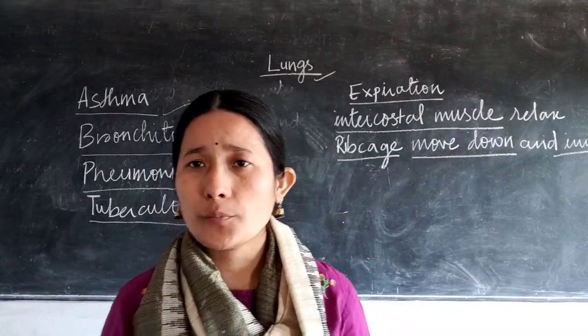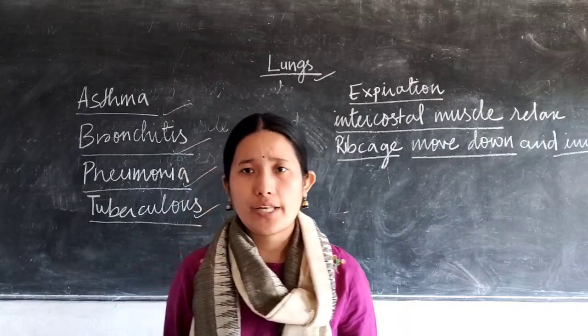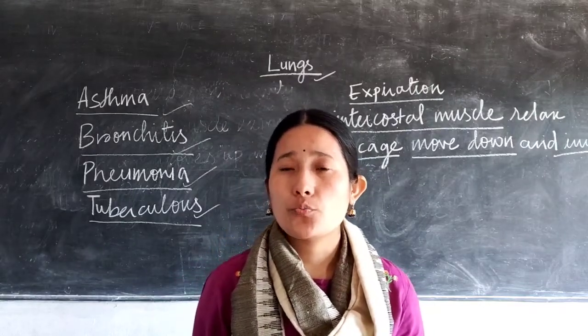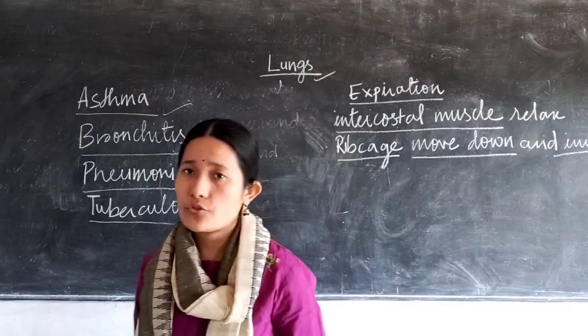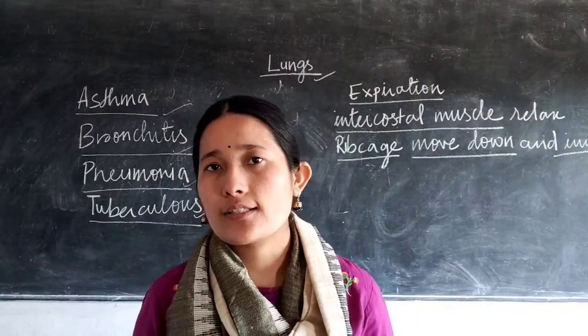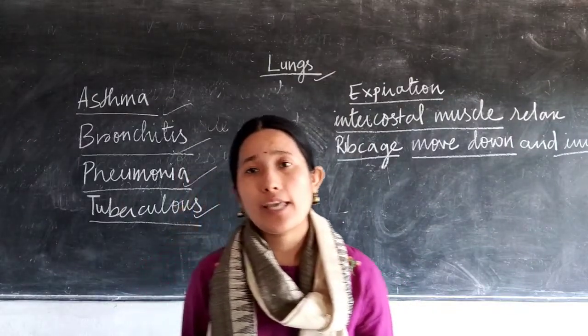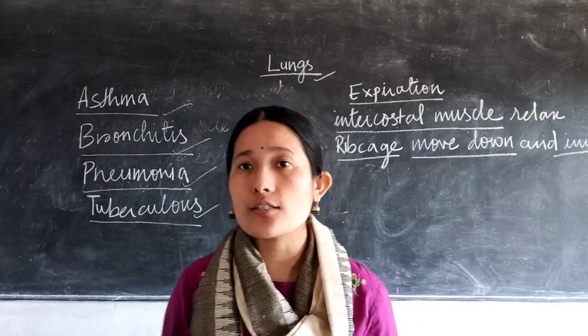Number two, stay away from nicotine related items like tobacco and smoking cigarettes. Number three, we should always exercise. Exercise is a cure to all diseases. So exercising and having a healthy diet will all keep respiratory diseases away.